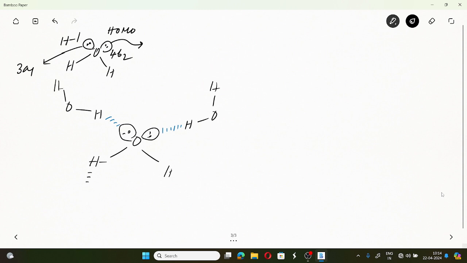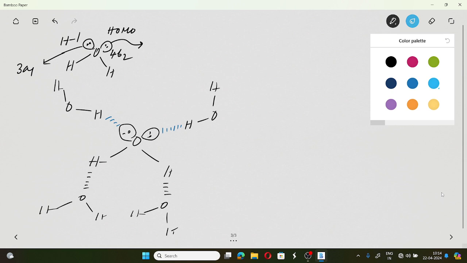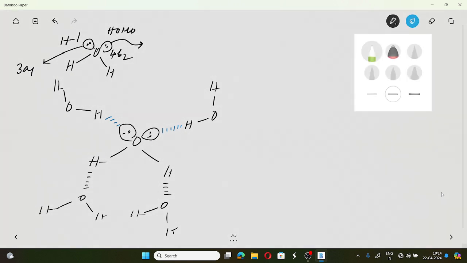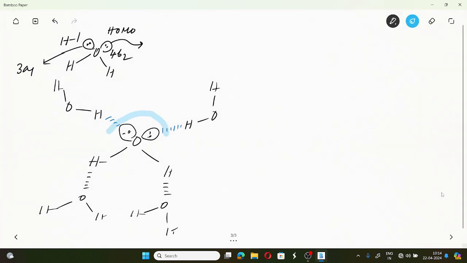In this way, each of these water molecules can participate in the formation of four hydrogen bonds, isn't it? If you look at a water molecule, you'll find that it is participating in four hydrogen bonds. So both the lone pairs are involved in the formation of hydrogen bonds. Okay.